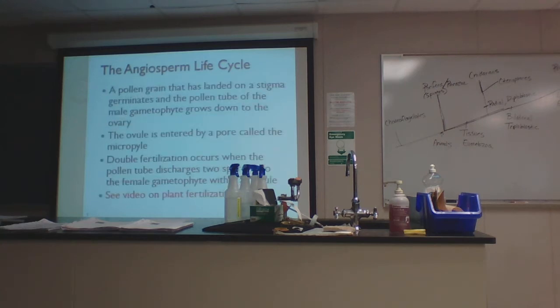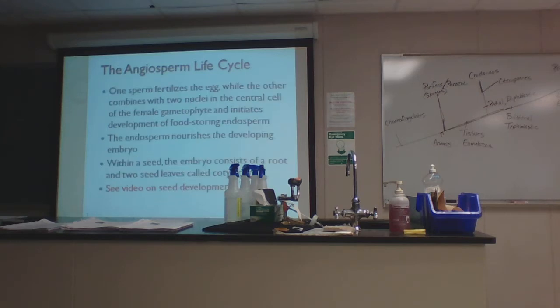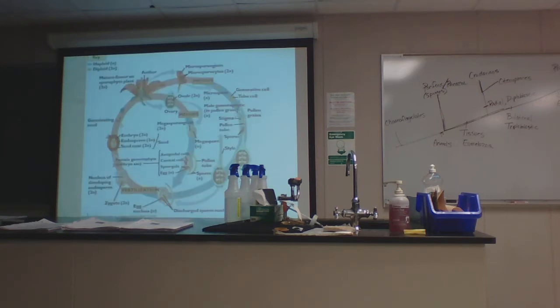So talk about pollination some more. And double fertilization, you should know what that is. So this 2 sperm, one fertilizes the egg, one fertilizes the endosperm. Okay. So there's the angiosperm life cycle, so a bit more complicated, but really it's the same, basic plant life cycle.